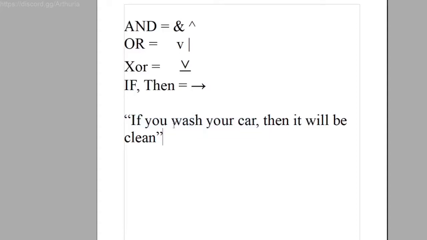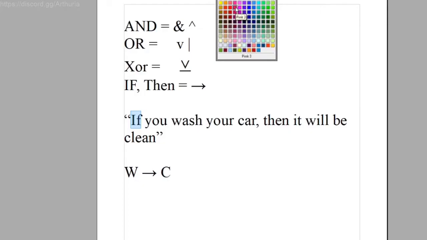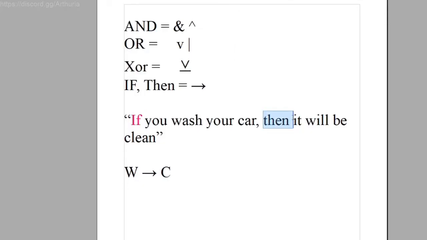So you just have to pick one of the letters to signify it. So we would say if W, then clean. Again, we're picking out the if then as our operator, and we're translating it here.